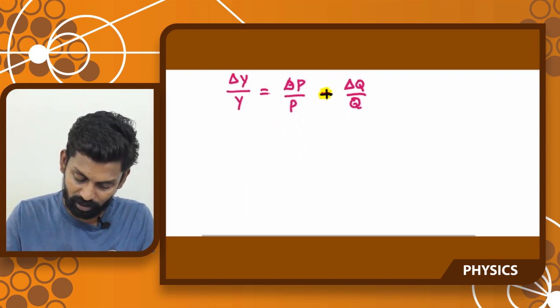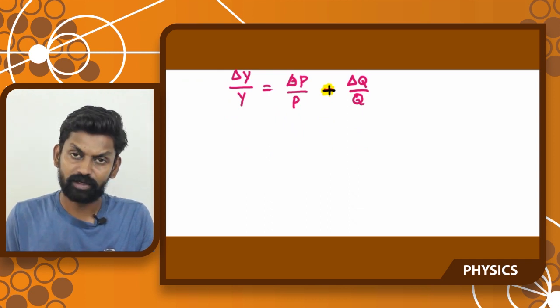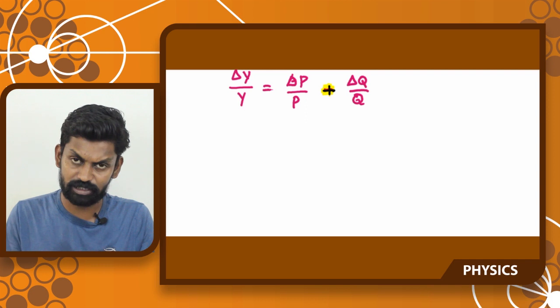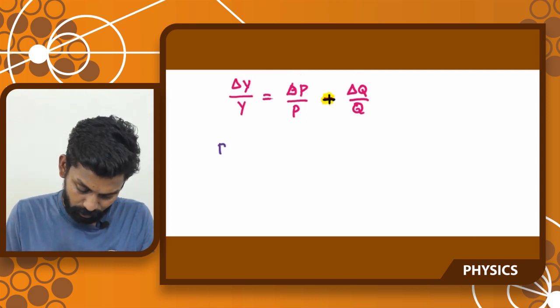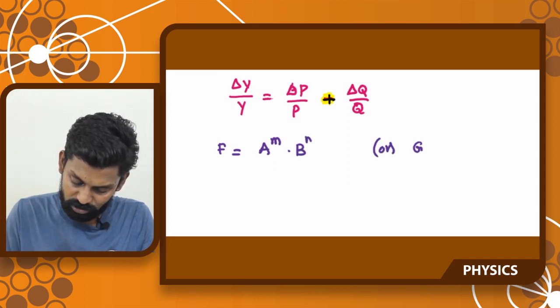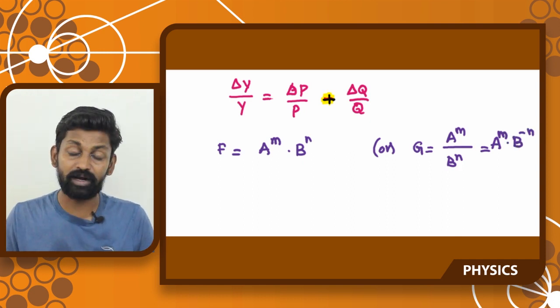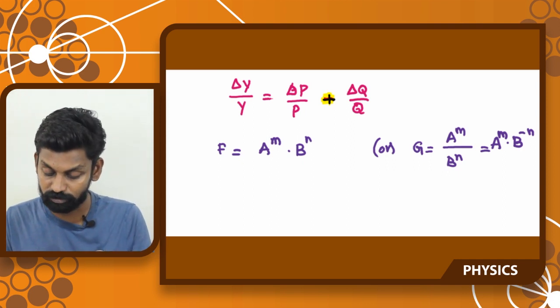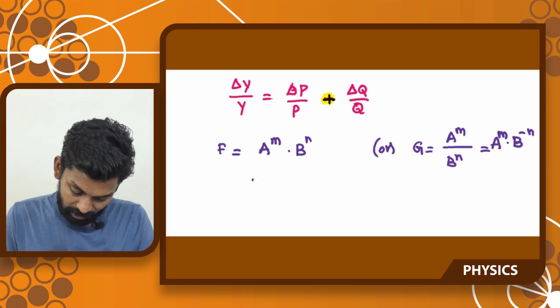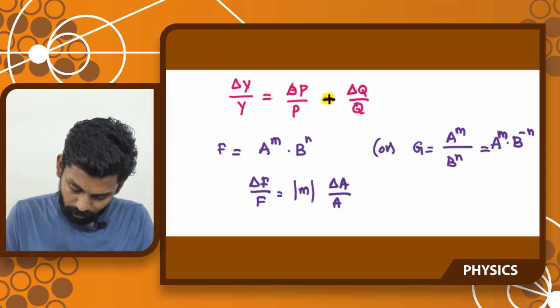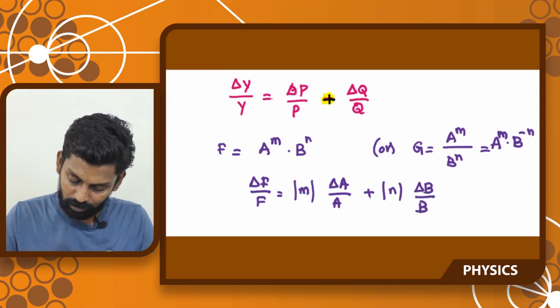I want to give you a very general equation here. Suppose a physical quantity F is equal to A power M into B power N, or another physical quantity G is equal to A power M divided by B power N, which can be written as A power M into B power minus N. In either case, M and N may be negative or positive, but in either case you can write delta F by F is equal to modulus M into delta A by A plus modulus of N into delta B by B. So only positive values are to be taken.